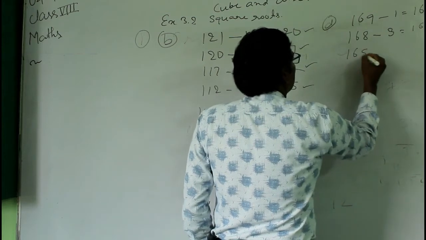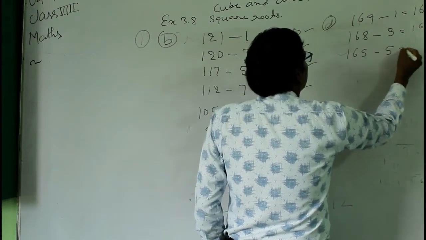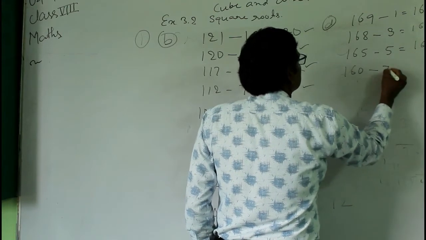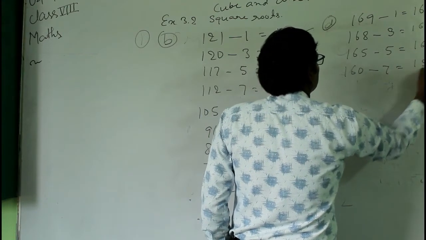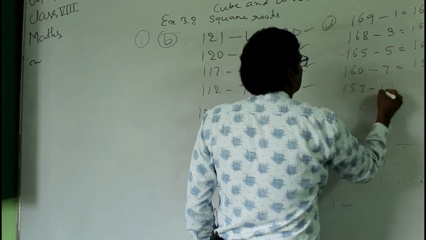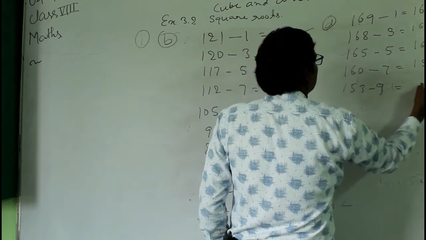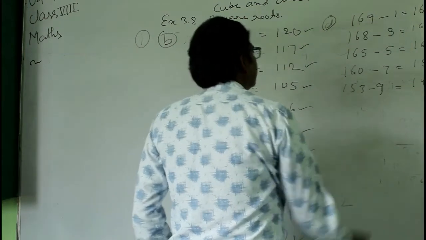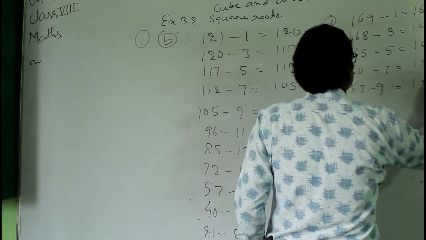Then 165 minus 5 equals 160. And 160 minus 7 equals 153. 153 minus 9 equals 144.